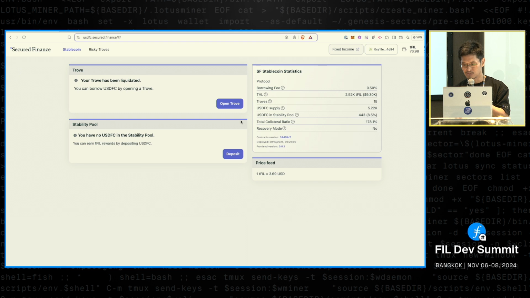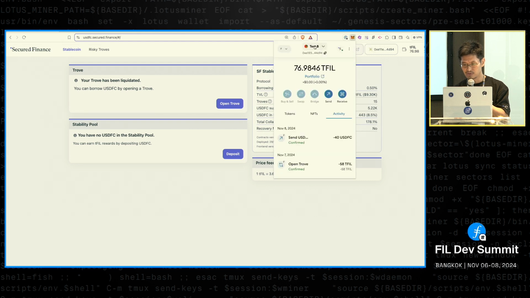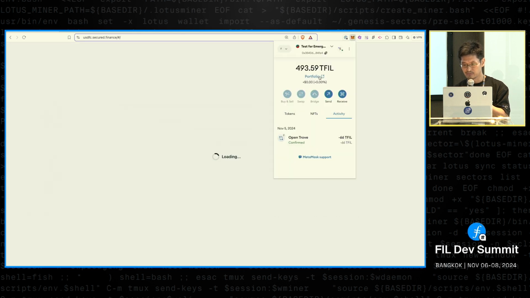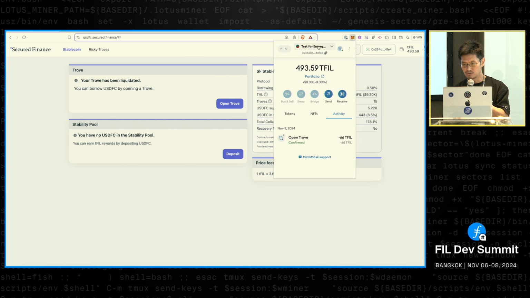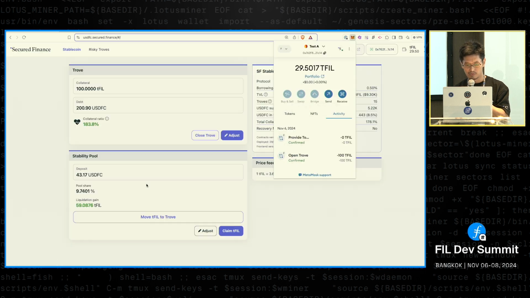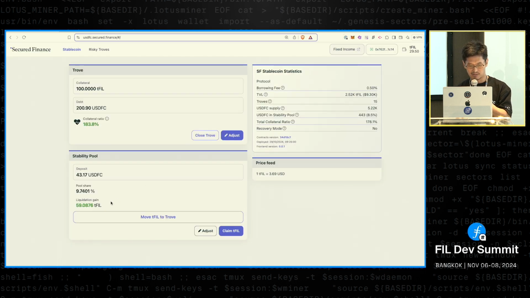Oh, everything is gone, so nothing to declare anyway. And the guy who has some liquidity in the stability pool gets the reward as T-FIL. Here we go. He actually had another T-FIL.